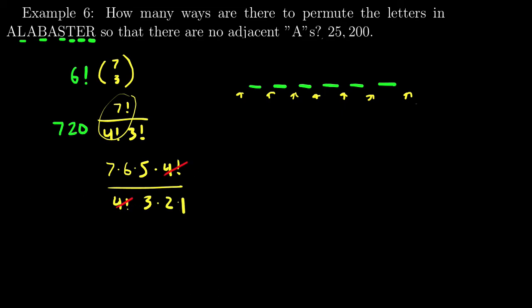I still have the 720 from 6 factorial. And now I can also see that the 6 down here and the 6 up here will cancel. 7 times 5 is 35. So 720 times 35. And that's going to give me 25,200.